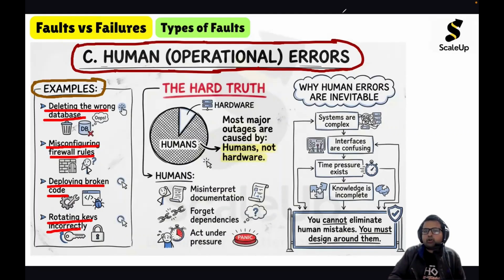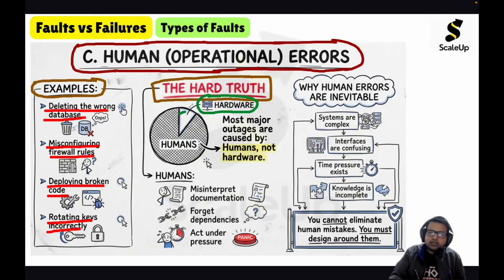Now, the hard truth concerning human error: in any system, hardware faults are very few in number. If you look at this pie, just a small piece of it is the hardware fault, and the rest is human error.